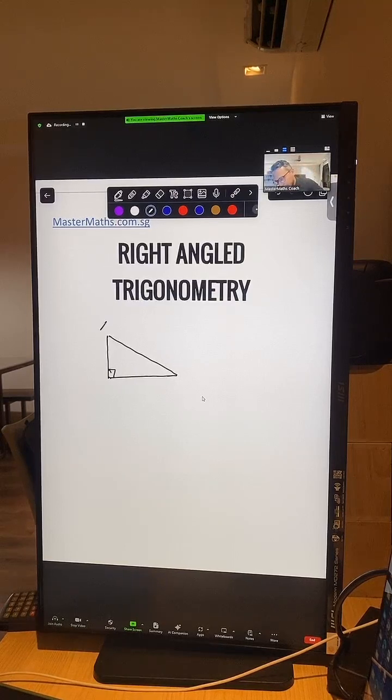Let's say I call it A, B, C. Now, you would know from the previous page that your AC is your hypotenuse, so we're just going to call it HYP for short.